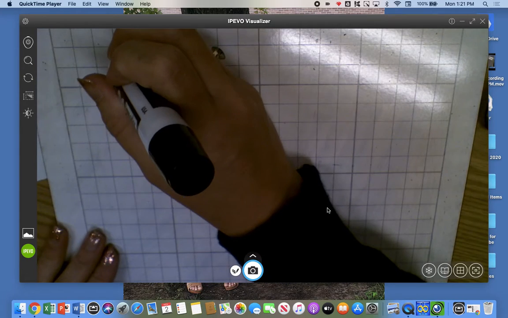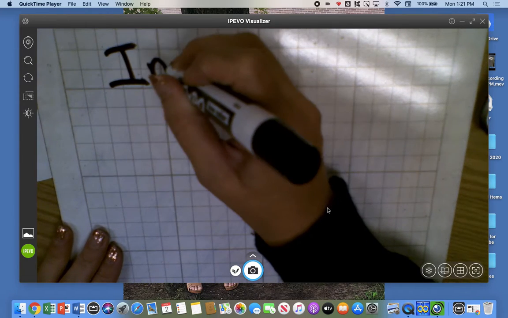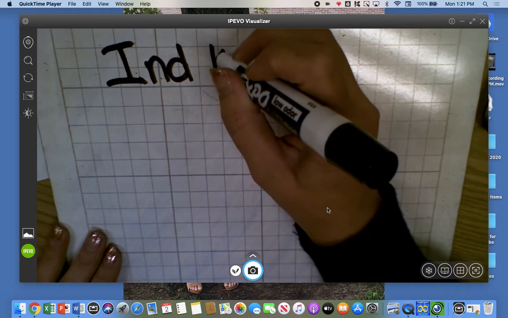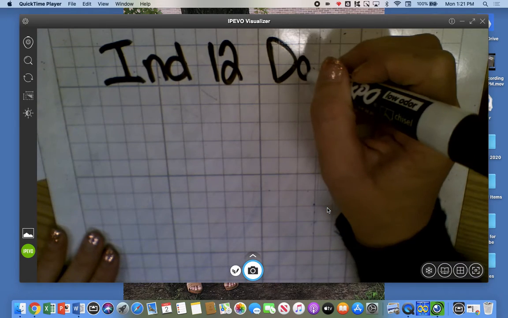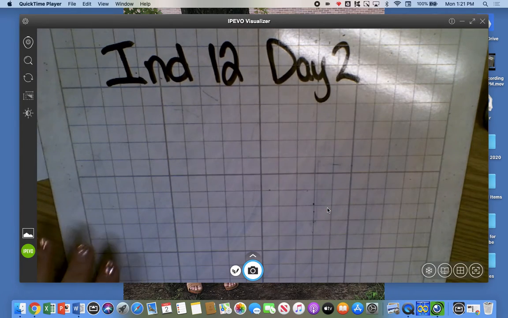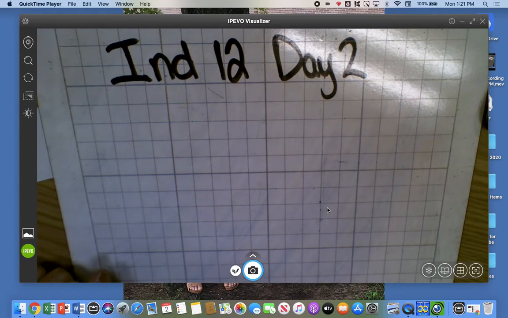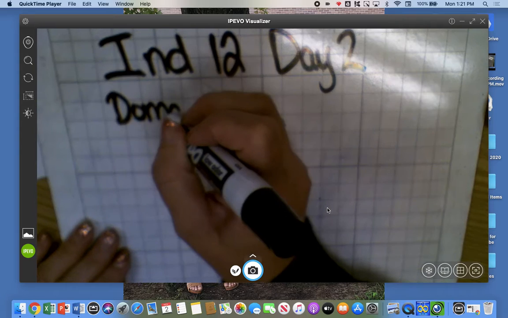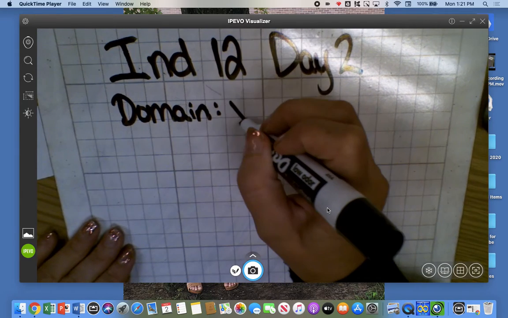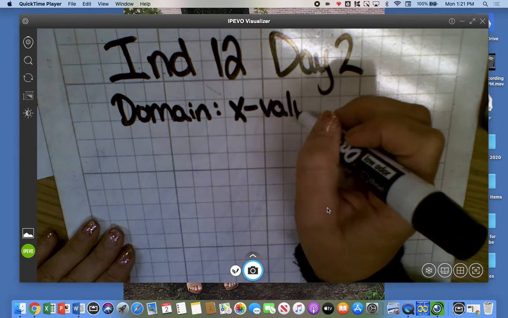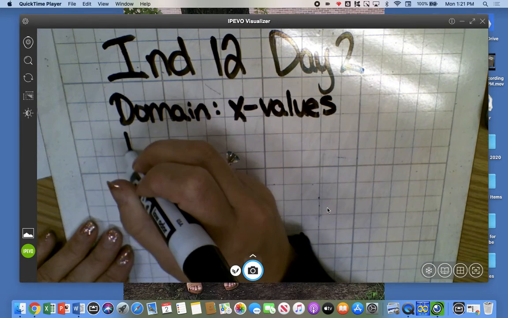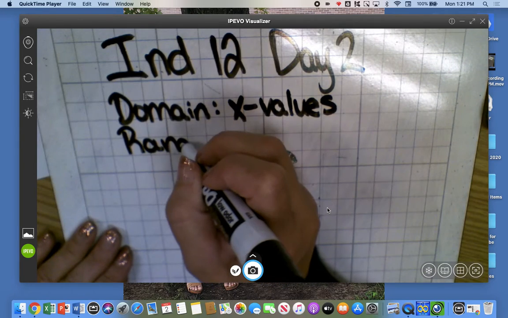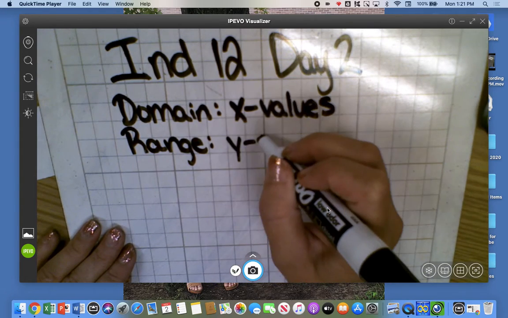So we are in Indicator 12, Day 2. We're still working with domain and range. Domain is our x values in a relation, and range always corresponds to your y values.